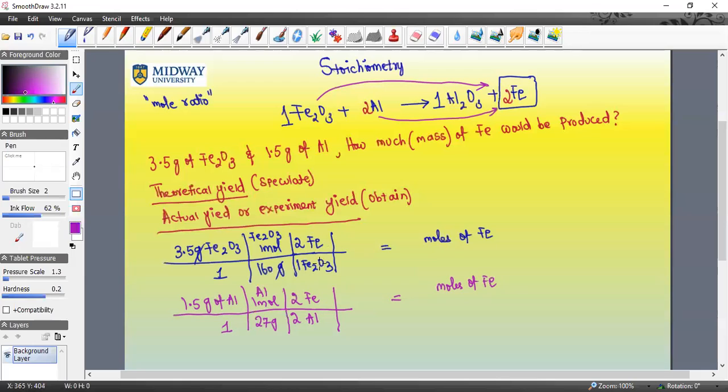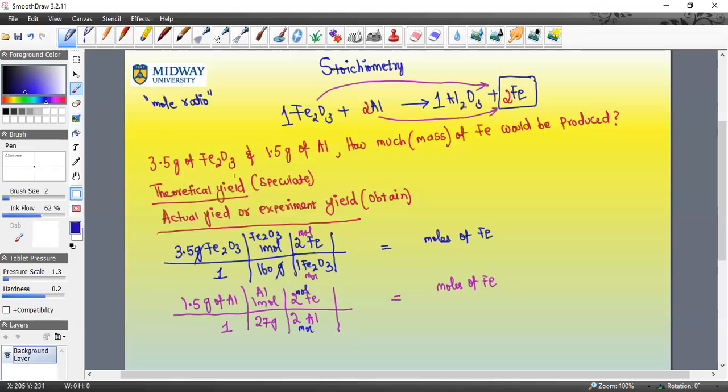They're both the same. And because this is technically moles, right? 1 mole of iron oxide reacts to produce 2 moles of iron. And I'm going to do the same here in blue so you can see the difference: 2 moles of aluminum and 2 moles of iron. Okay. So now let's actually calculate these 2 numbers.